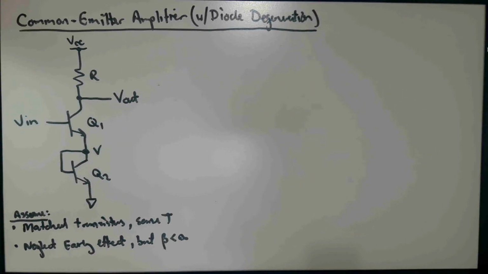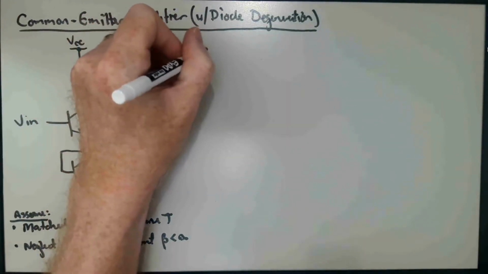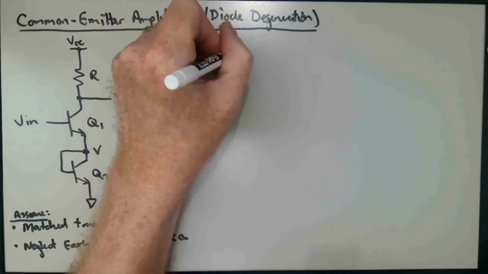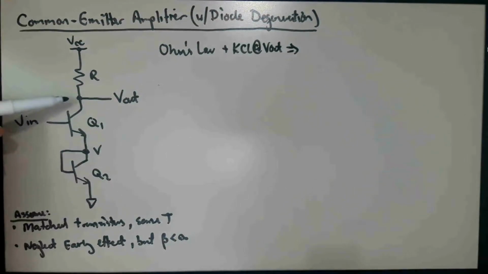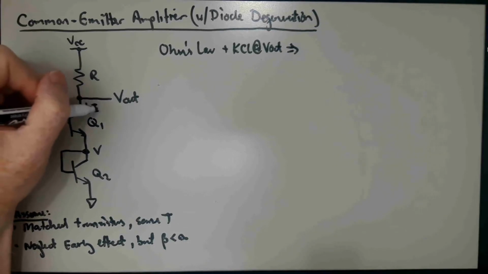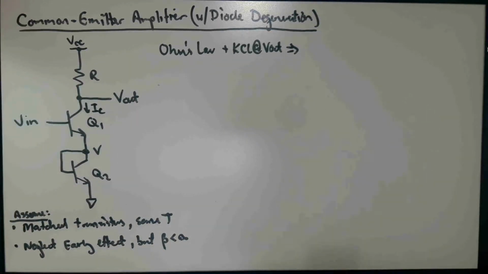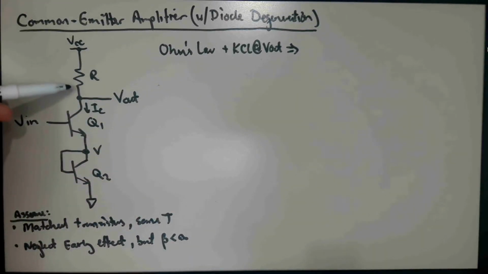We know from Ohm's law and Kirchhoff's current law something about V out. Okay, so if we knew what the collector current in Q1 was, call that IC, we could write V out as VCC minus the voltage drop across the collector resistor.